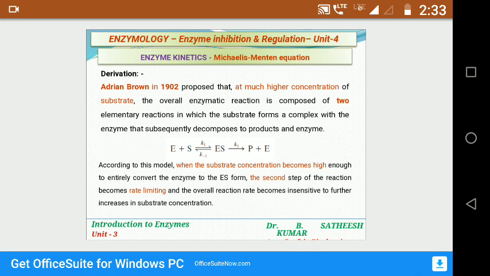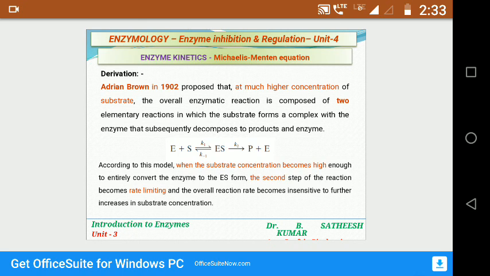Let's have a look at the derivation part of the Michaelis-Menten equation. There are some important things to discuss to derive the Michaelis-Menten equation. The first one is the enzymatic reaction equation proposed by Brown in 1902.